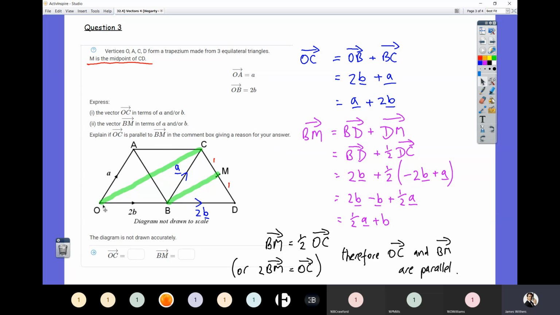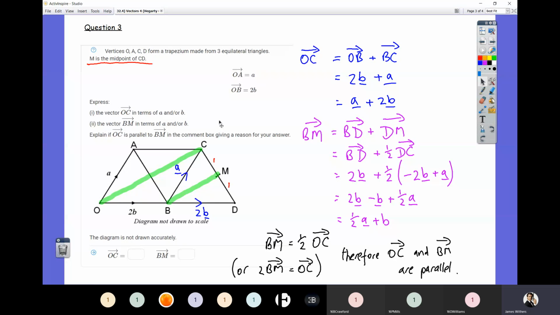So let's have a look. Vector OC, that's what I've done in green. That's what that looks like. And vector B to M, that's what that looks like. We've got to say, are they parallel or not? So in turn, we're going to work out the 2 vectors. This is similar to what we've done before. Let's kick off by working out vector O to C. How can I go from O to C?